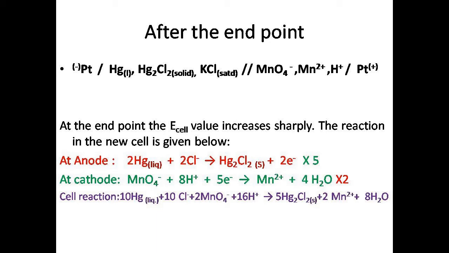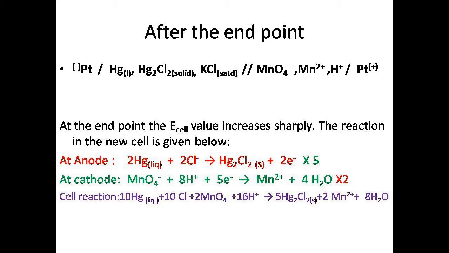With excess addition of KMnO4 in the presence of acid, MnO4 minus is converted into Mn2 plus. At the endpoint, the cell potential increases sharply due to the sudden change in the cell setup.